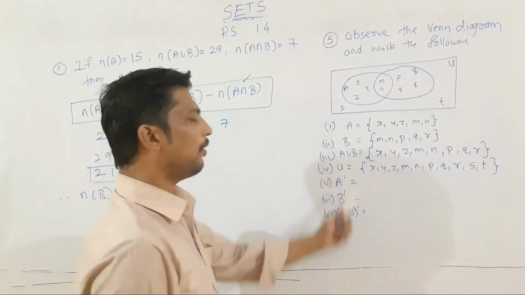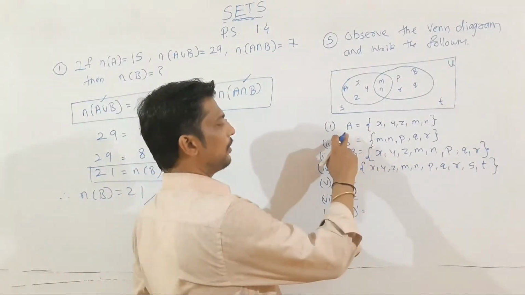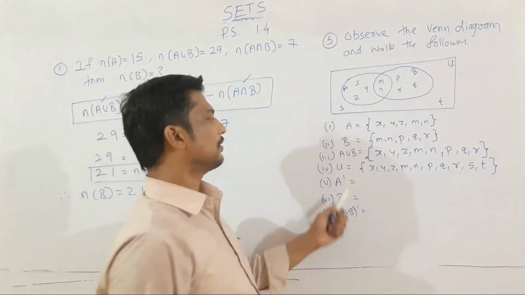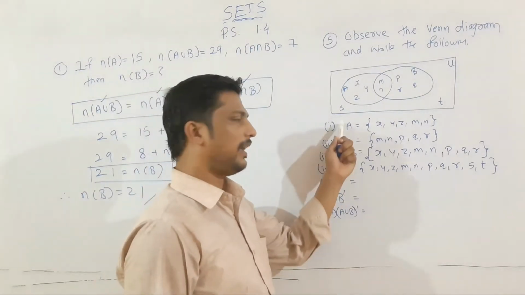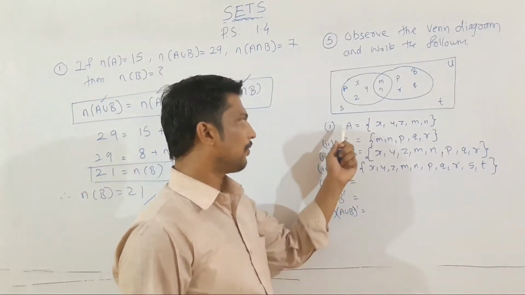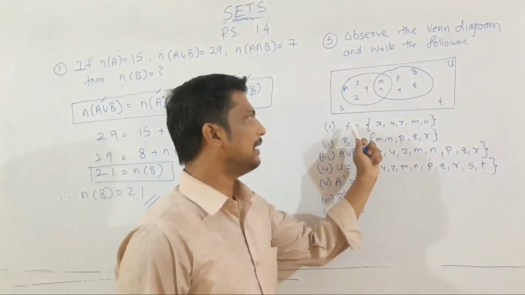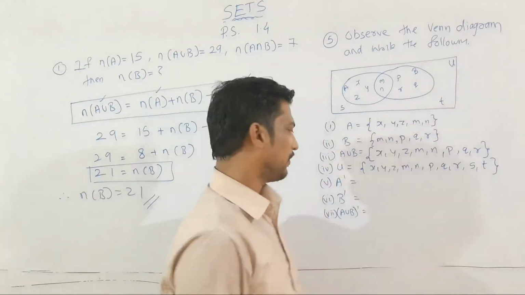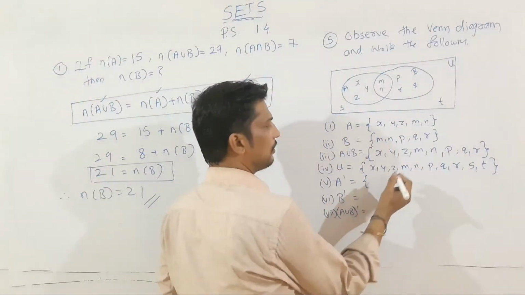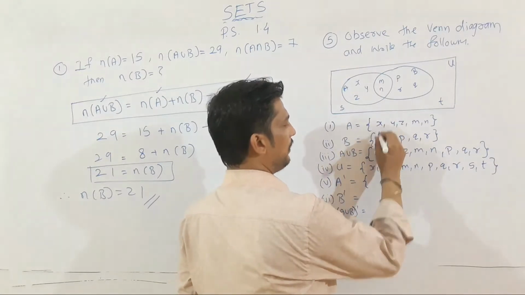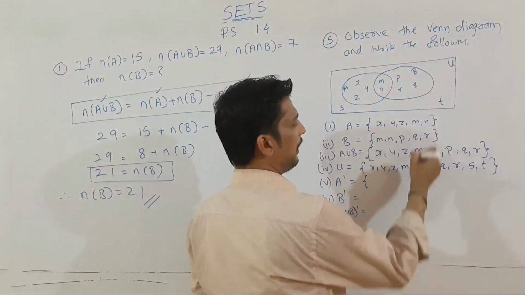Now next, A complement. A complement is what? I will compare it with the universal set. From the universal set, I will eliminate all these elements and write down the remaining values. So I eliminate x, y, z, m, n.